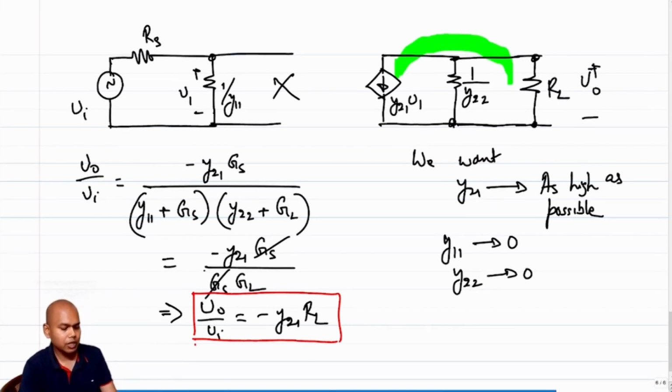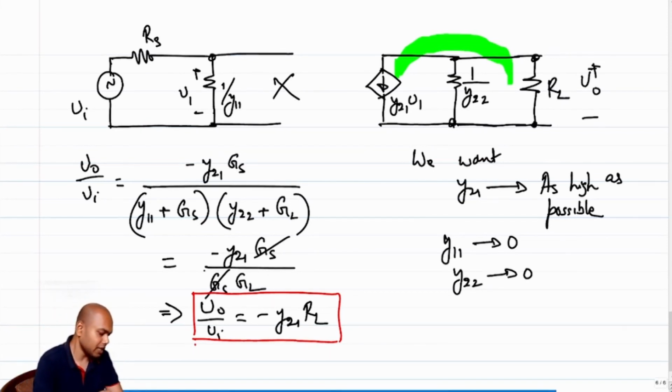So what is the wish list? What is the obvious thing to do? The obvious thing to say is, can we make 1 over Y22 to be infinity? I'm sorry, if we can make this 1 over Y22 to be infinity, then obviously all the current will flow into RL, which means that we would want Y22 to tend to 0.